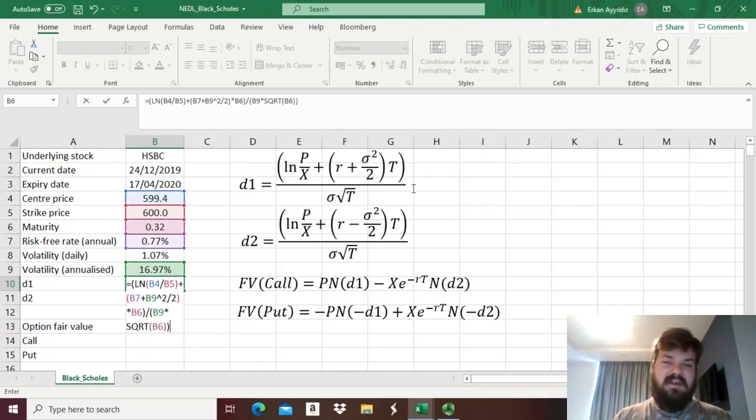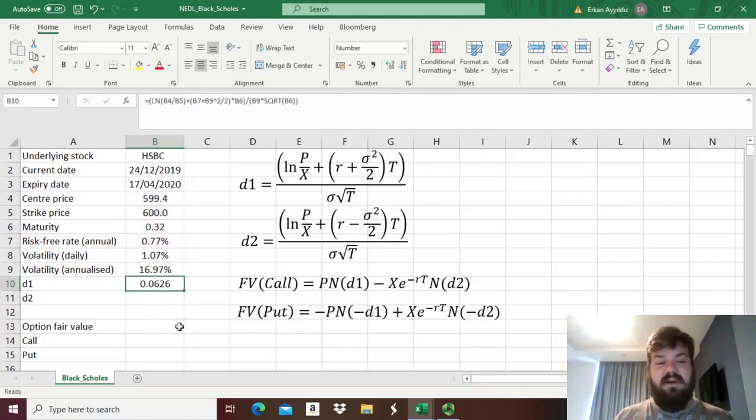And here again we have the very same logic that variance scales linearly and standard deviation scales at the square root. So having applied that, we can see that our D1 is positive and roughly 0.06. Now, to calculate D2, we actually don't need to input the whole formula once again.